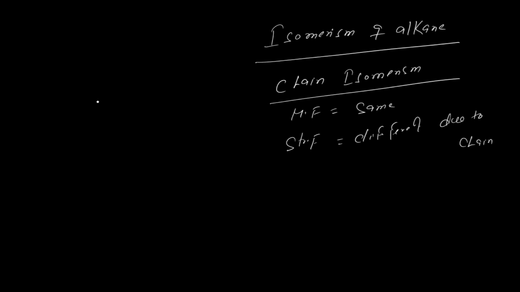So let's move on. I would like to give you one example over here. Like this is 1, 2, 3, 4, 5 carbons in a straight line, a straight chain. So this is n-pentane. This is an alkane, n-pentane.